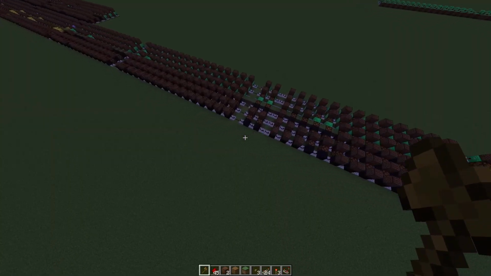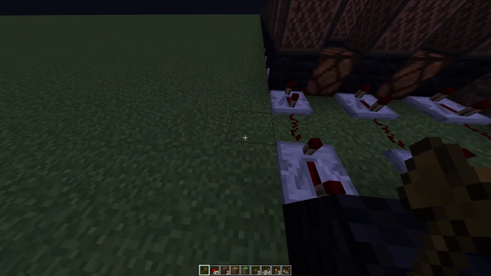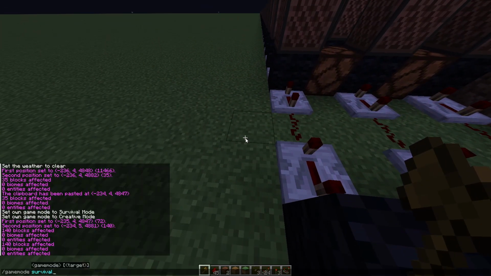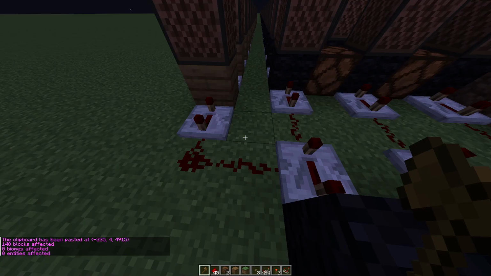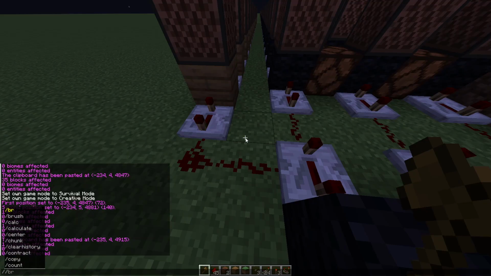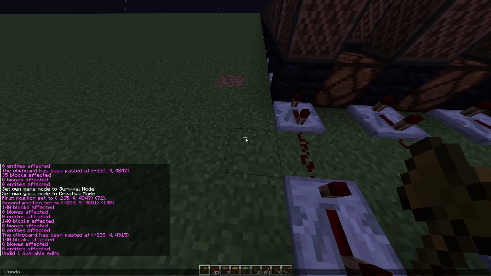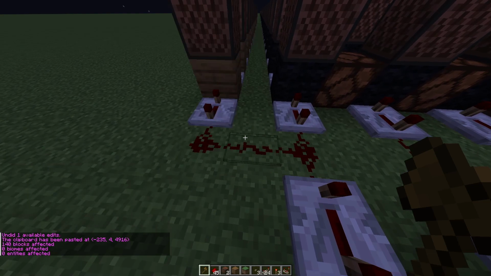Yeah, so we get a gap and then we get it again here. So this is where it happens again. Nope, undo. There it is.